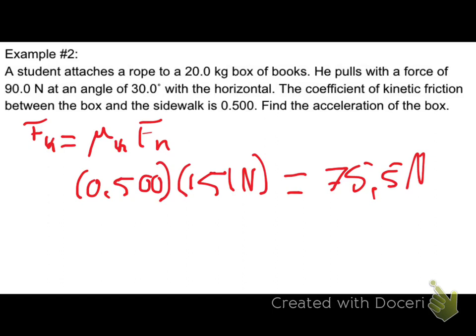So if we want a sum of the forces in the x direction, we can do the force applied in the x direction, which we solved for with cosine in the beginning, minus the force of kinetic friction.